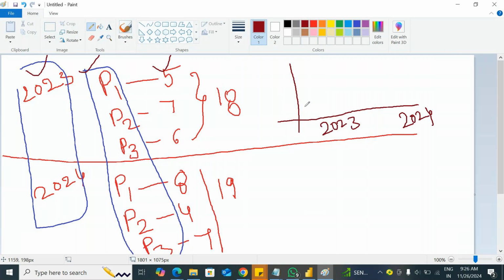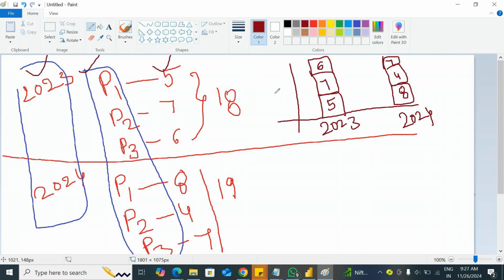What we are going to get is first P1 as 5, then 7, and 6. And for 2024 we are going to get 8, 4, and 7.